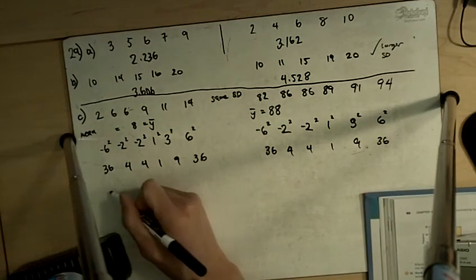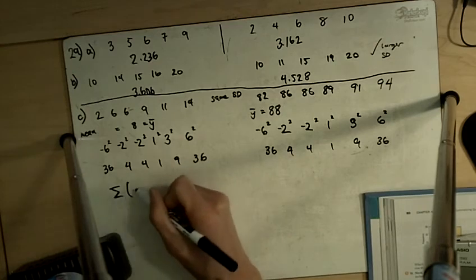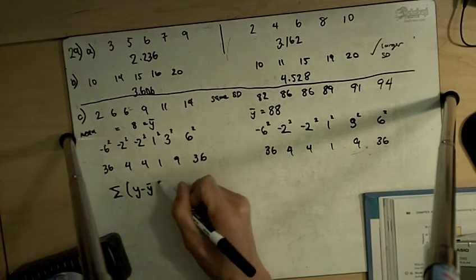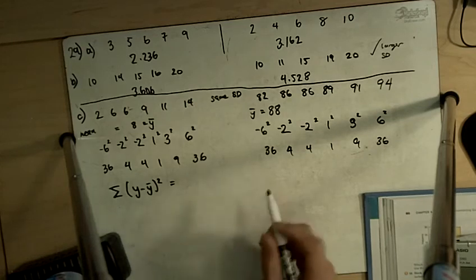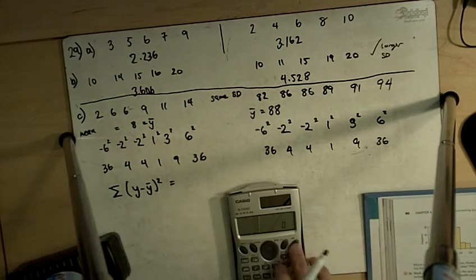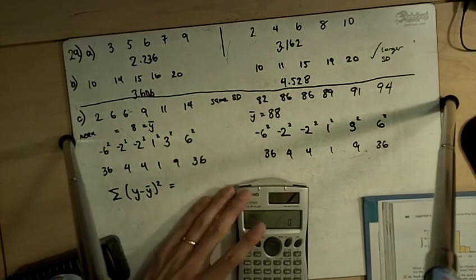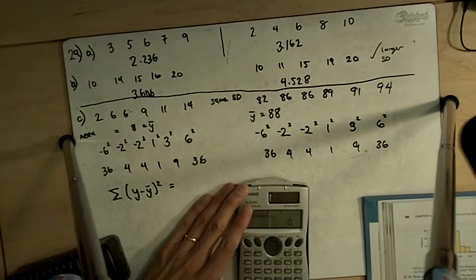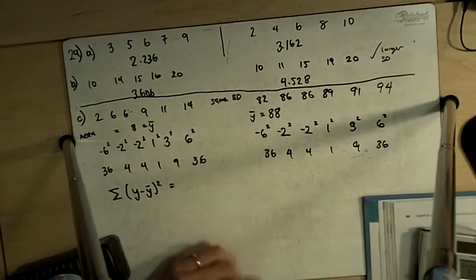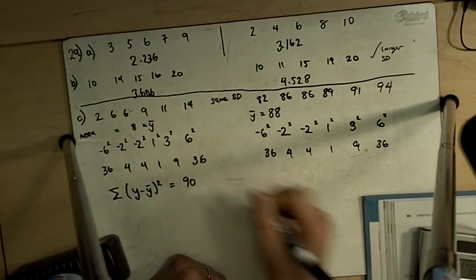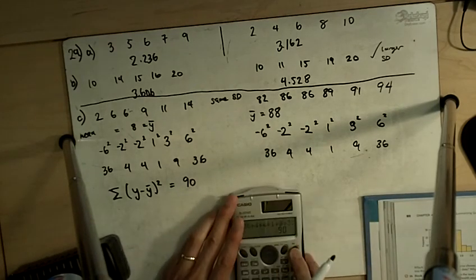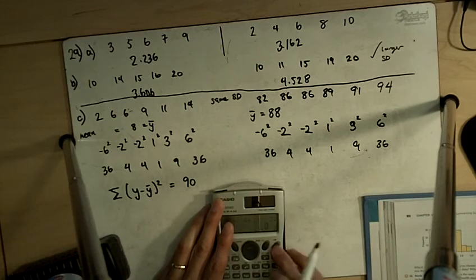Okay, the sum, when we add all of these up, so we're adding y minus y bar squared, what do we get? 36 plus 4 plus 4 plus 1 plus 9 plus 36. We get 90. And over here we also get 90.